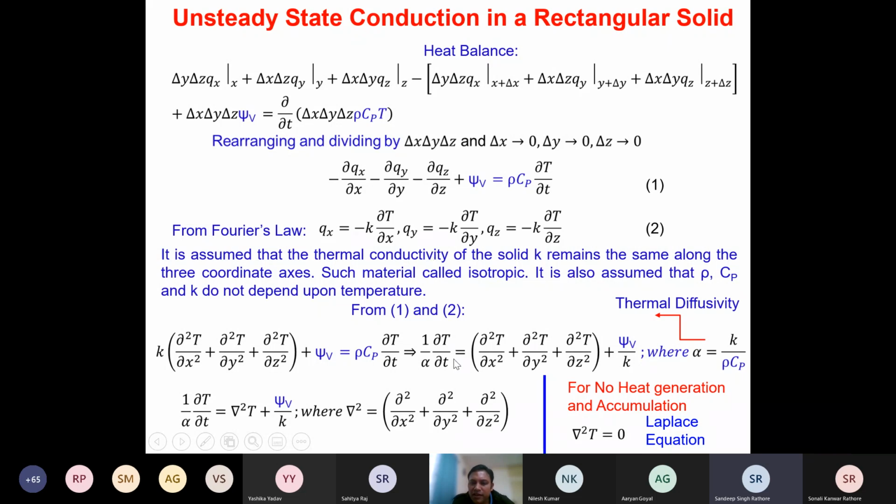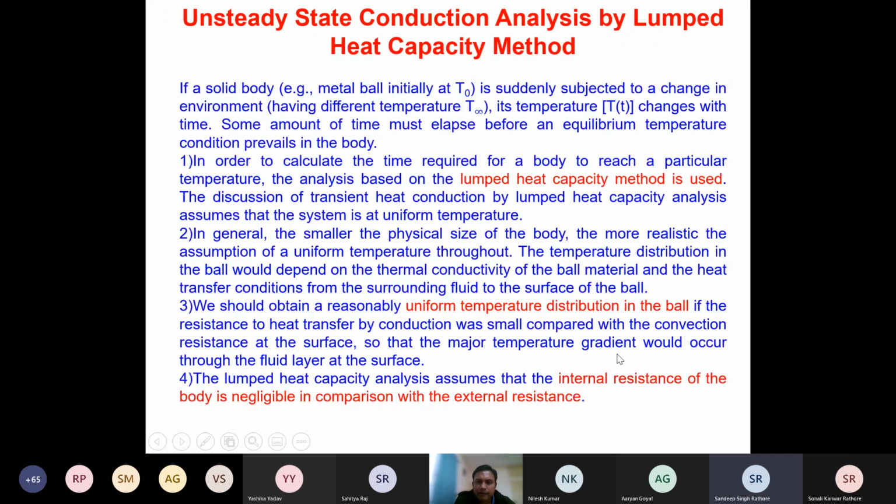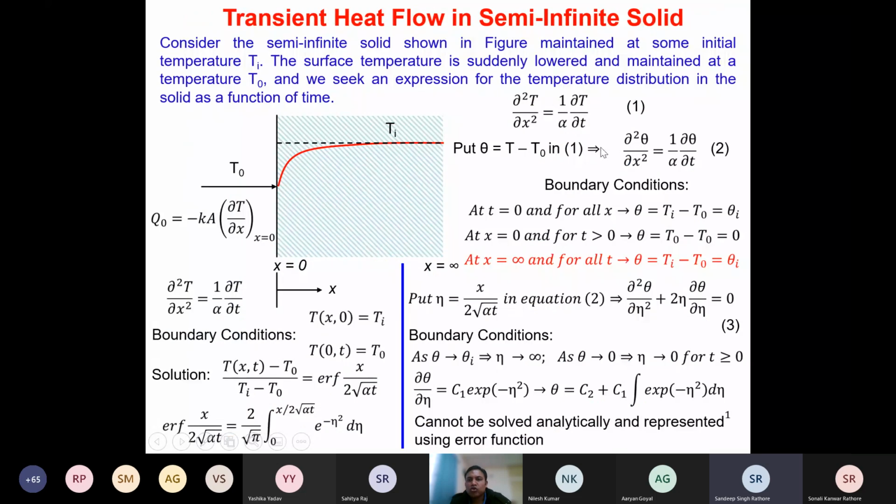So for one-dimensional heat transfer, we will have 1 by alpha dou T by dou t equals dou square T by dou x square, if the generation term is absent. So that's what we are getting here. So dou square T by dou x square is equal to 1 by alpha dou T by dou t. This is the equation which we have to start with. So we have simplified the original generalized equation for one-dimensional heat transfer and without the heat generation term.